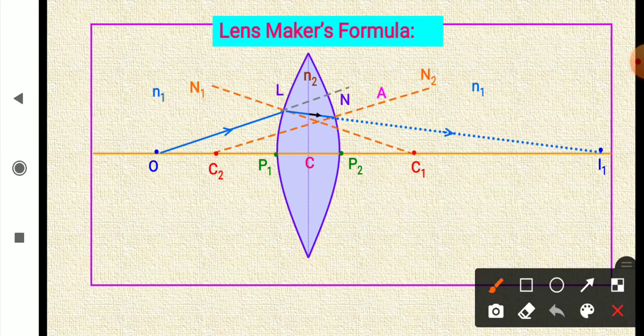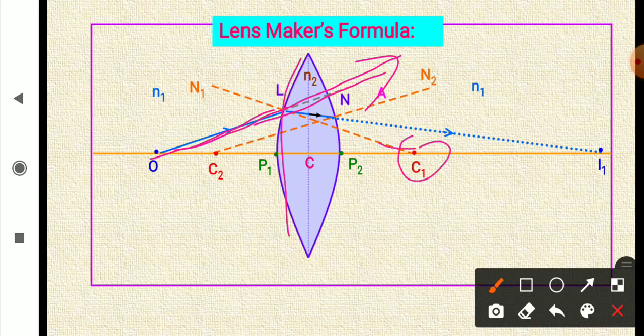Okay, here at this point L, the light ray is entering from rarer medium to denser medium, and this is its original path. Now at this point you have to draw the normal, and the center of this first surface is C1. So from here till point L you draw this normal N1, right?